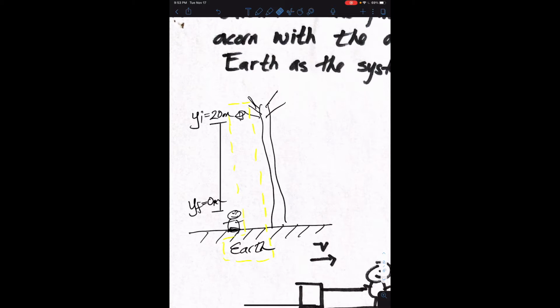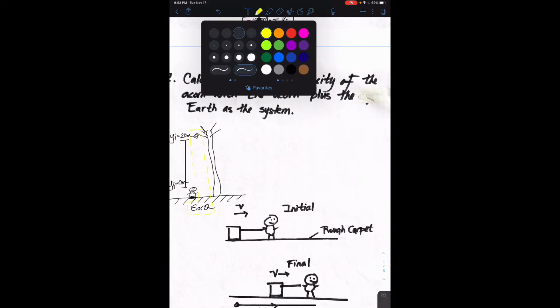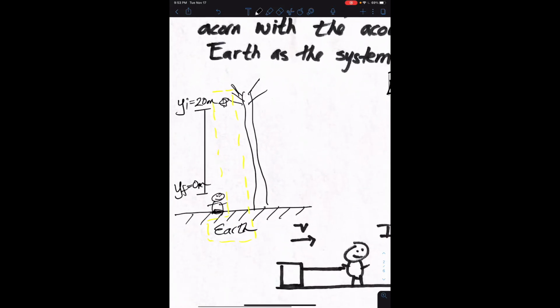Okay. So if this is the case, then we can go ahead and do our energy balance. Same as before. But now, gravity is an internal force, and that's kind of what I wanted you to see. So what's going to happen here is when gravity is internal, that changes things.